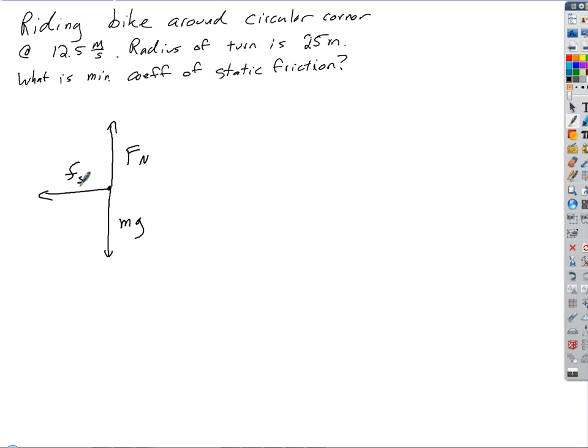So we can break this down, just like before, into our equations of motion. If we want to look at the vertical component of the net force, I could call that net force sub y. The y component is still really the y component, isn't it?